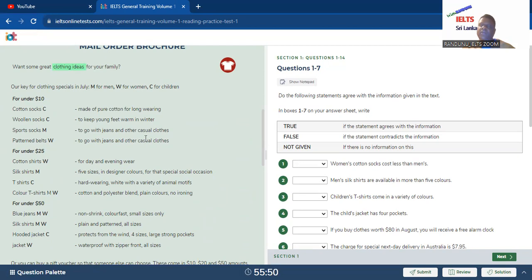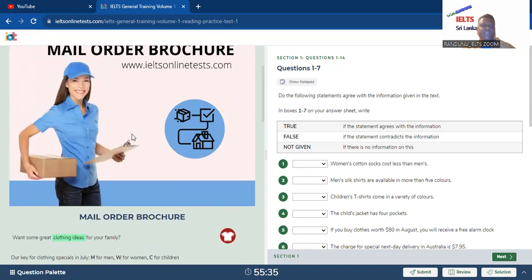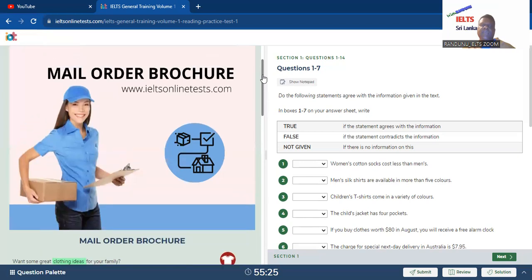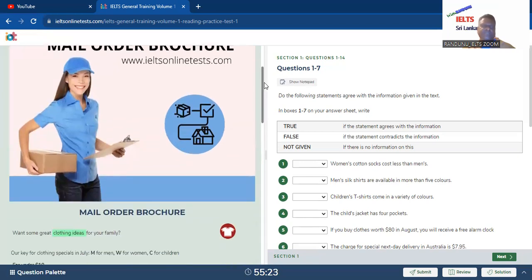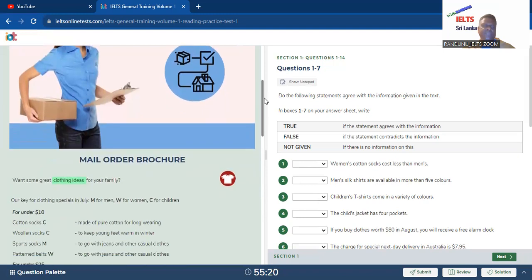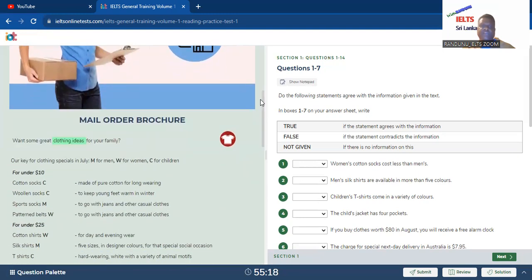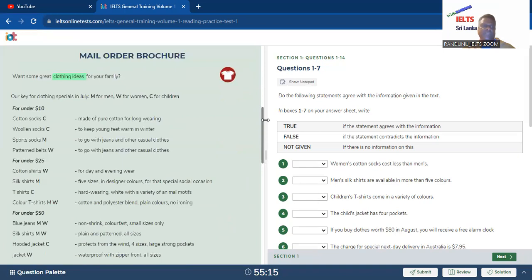If you are doing paper based, you will underline or circle. Somebody is selling garments. It's like online selling, with door to door delivery service, like Alibaba, AliExpress, Amazon or whatever, something like that.